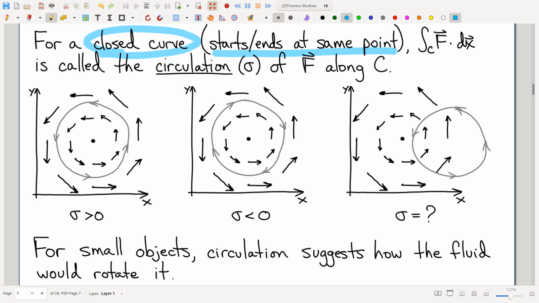Okay, so if your curve here is a closed curve, in that case we give a name to the vector line integral. The word we use for the vector line integral is circulation. And we use this symbol, the lowercase Greek letter sigma, which I have to assume is sigma for circulation.